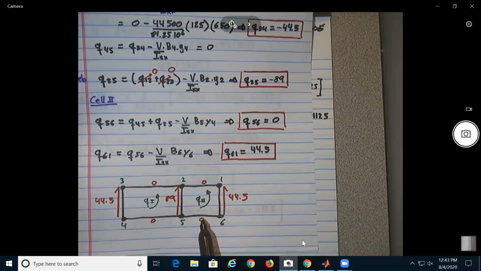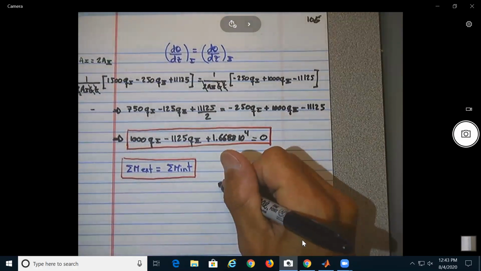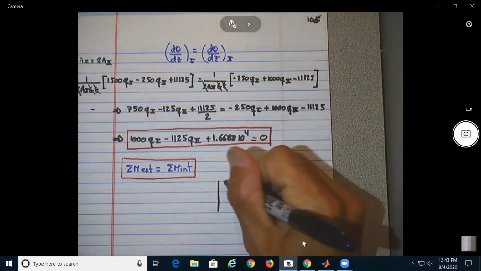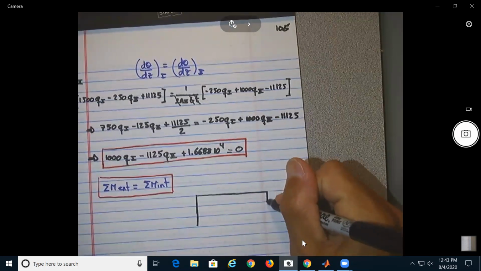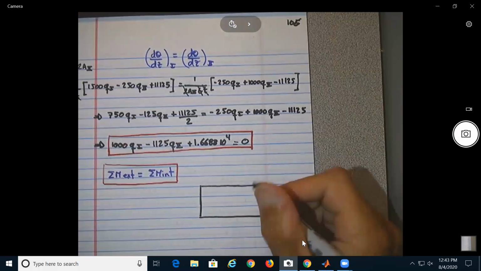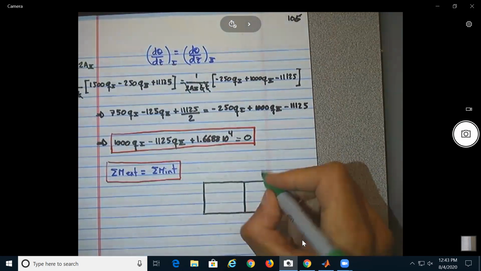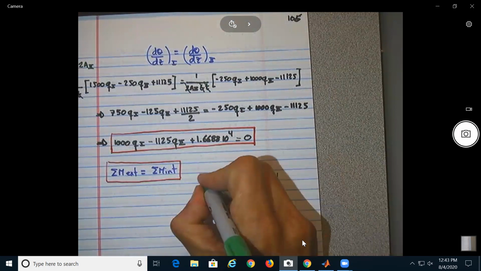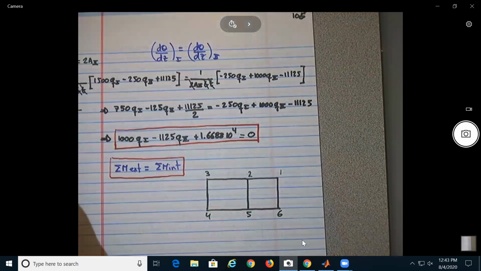Okay, so I'm looking more or less for that one. We have points 1, 2, 3, 4, 5, 6. So we're going to be taking moments about this point here, point 5.